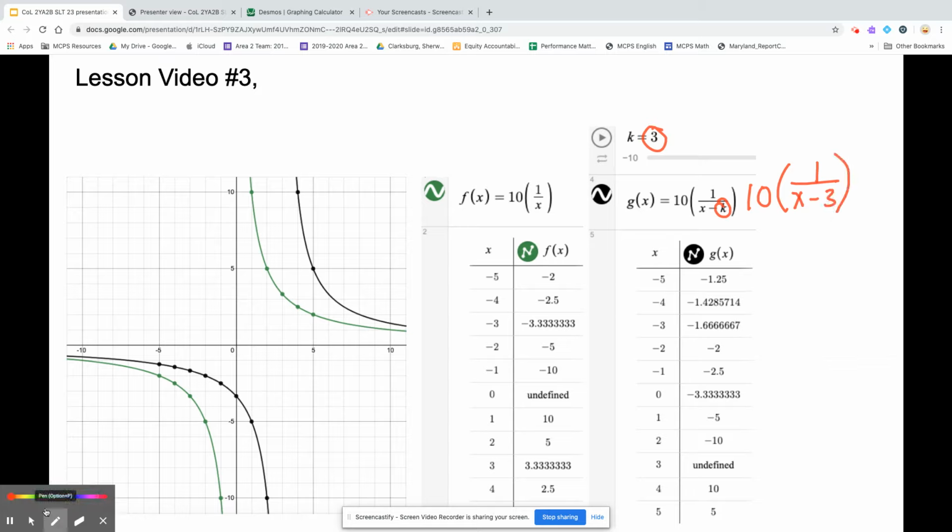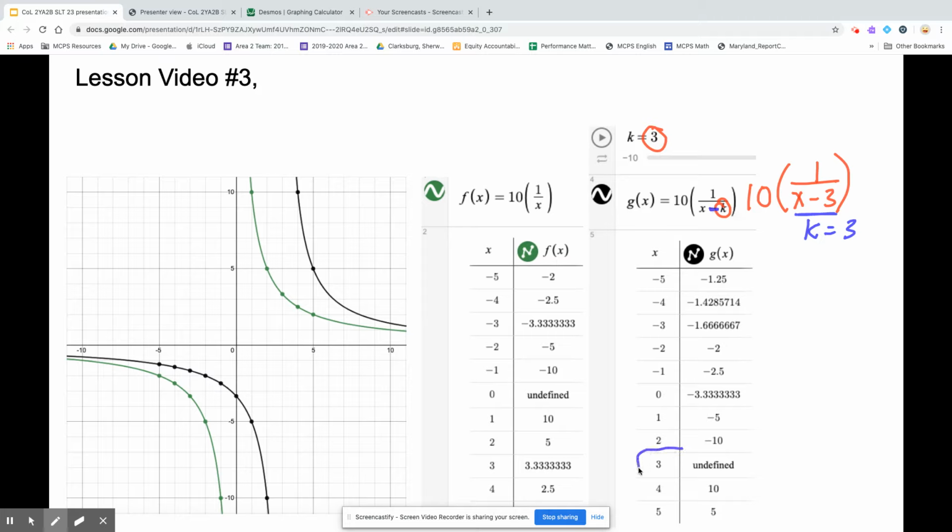What do I notice about my graph and about my table of values? I have x minus 3 here. My k value is a positive 3 because the initial equation had a minus sign here.